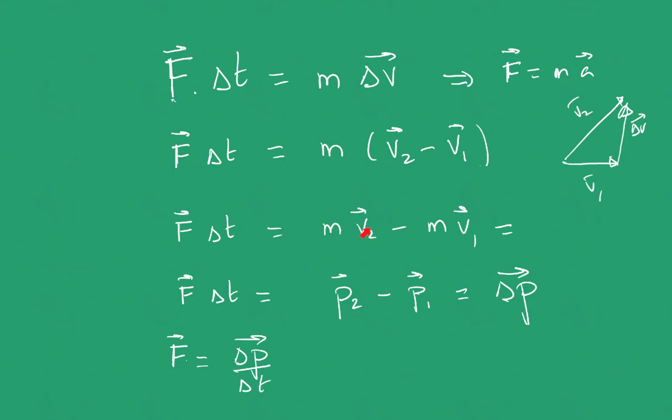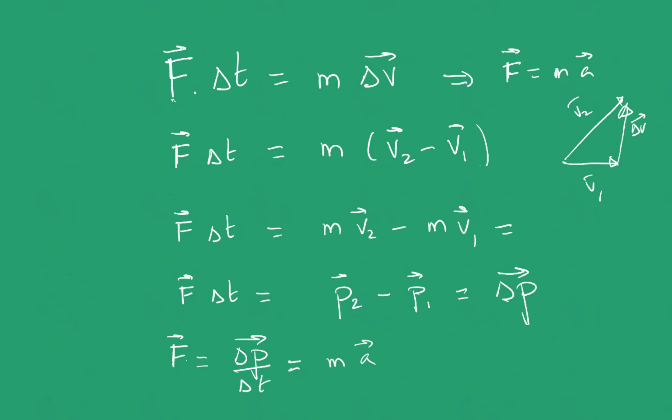But mv2 is what we have defined as the momentum, the final momentum, p2. So the force acting during delta t is p2 minus the initial momentum, p1. But this is the change in momentum. So we have a similar equation that says the force is the change in the vector momentum per unit of time, and of course is equal to m by a.